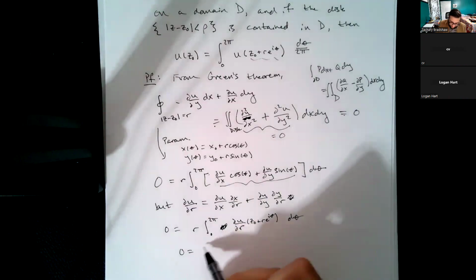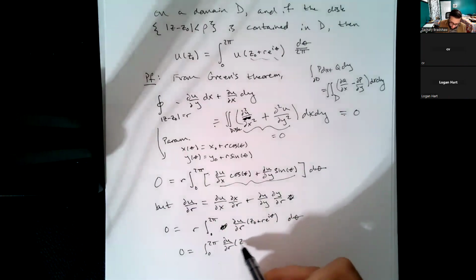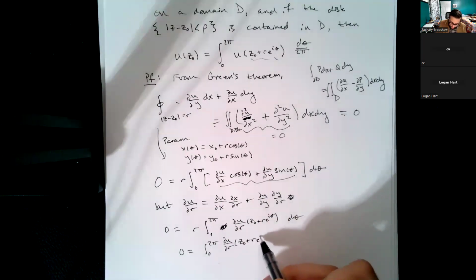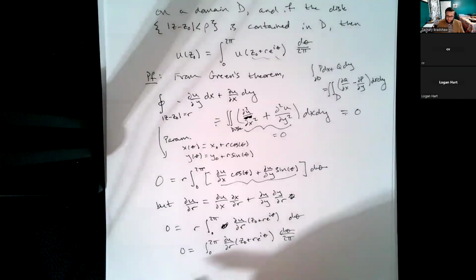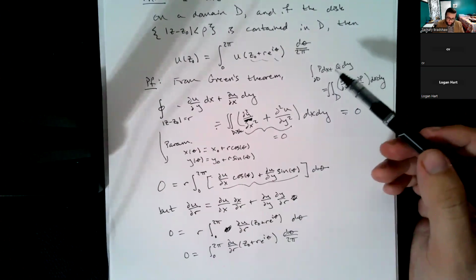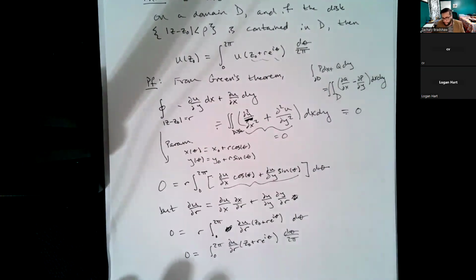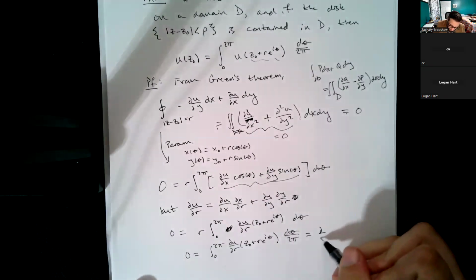So we have that the integral from 0 to 2 pi of du/dr evaluated at z0 plus r e to the i theta, d theta over 2 pi, is equal to 0. And since u is smooth, well, smooth enough, we can pull this derivative out.